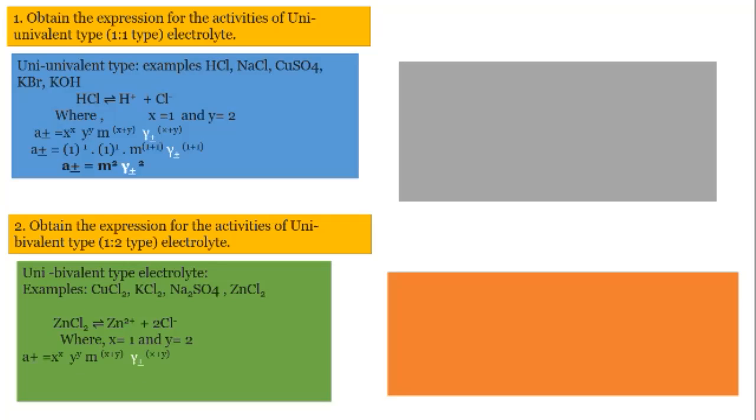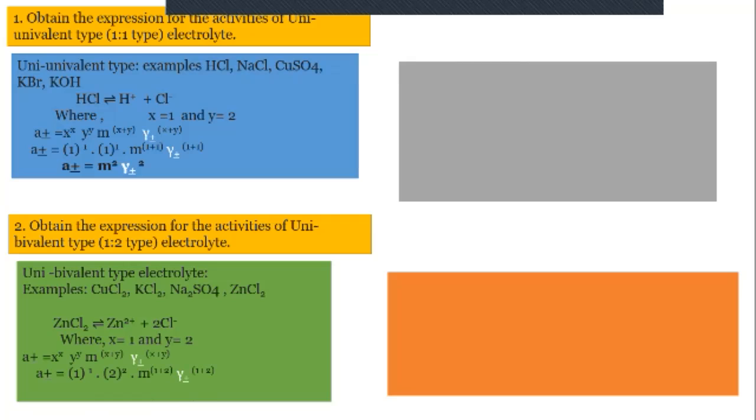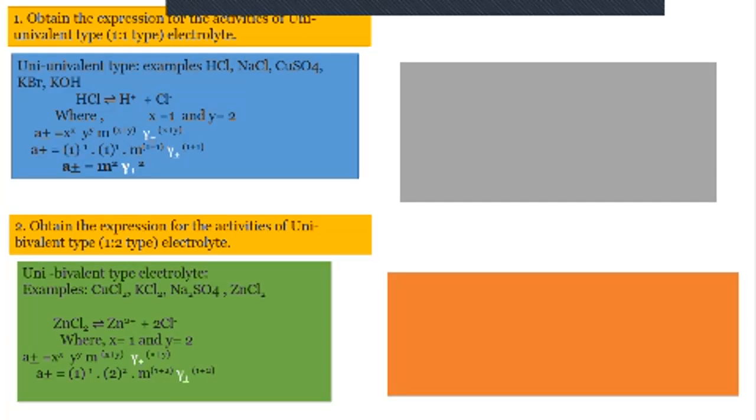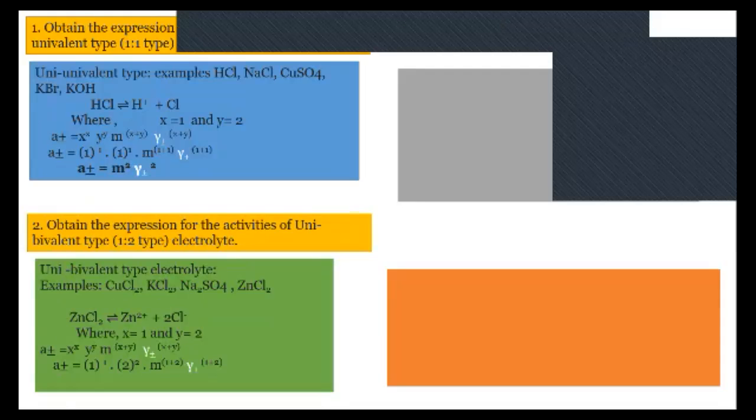When you substitute x and y, we will get 1 raised to 1 times 2 raised to 2, m raised to 1 plus 2, and gamma plus or minus raised to 1 plus 2. 1 raised to 1 will simply be 1, and 2 raised to 2, 2 square, will be 4.